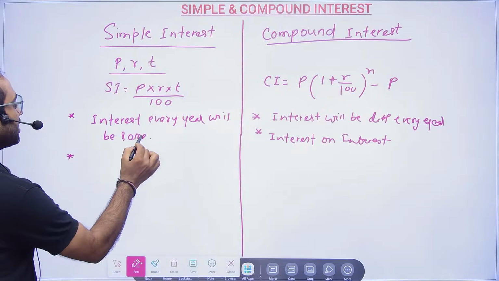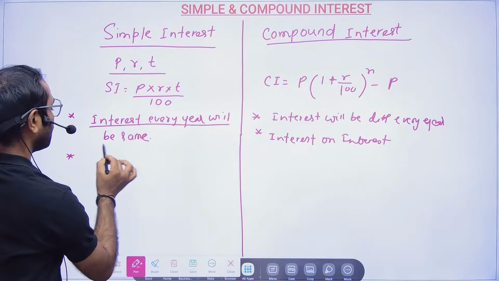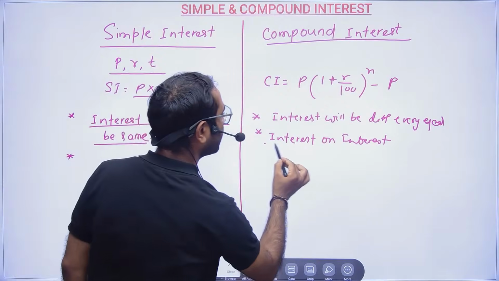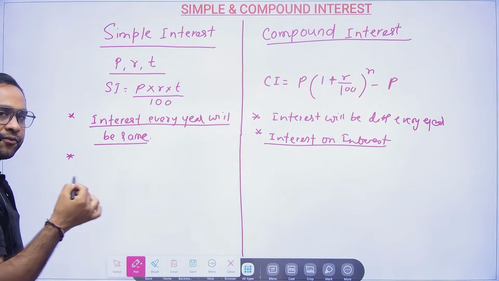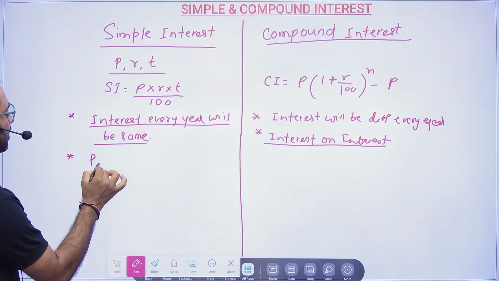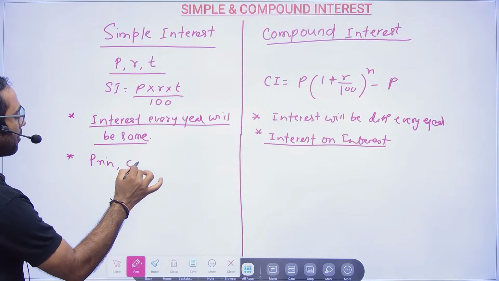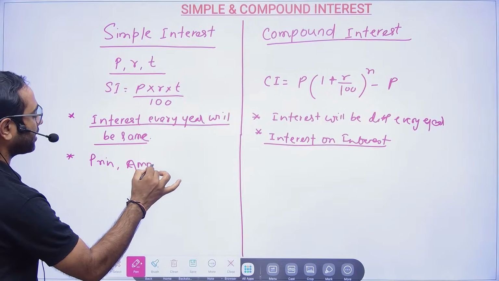Next thing, friends: interest every year will be the same in simple interest, and compound interest is interest on interest. The confusion will be in principal. What is principal, what is amount? These are the things where we get confused.